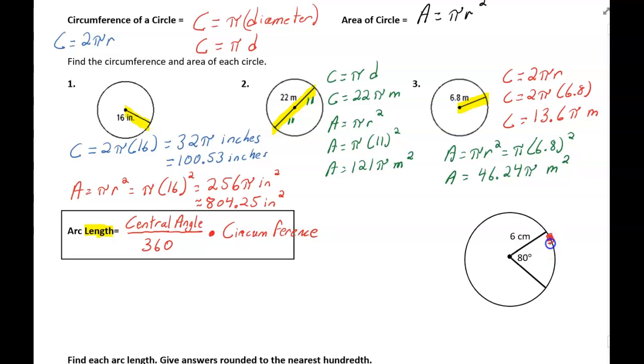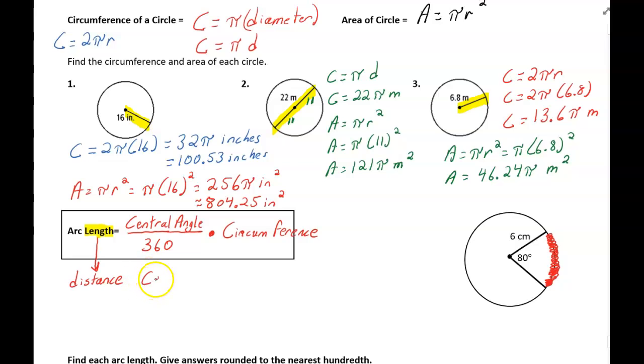So arc length, if you look at this diagram, is the distance that I'm highlighting in red, a portion of the circle, but we're talking about the distance. So arc length is a distance. So the arc length is central angle divided by 360 times the circumference.